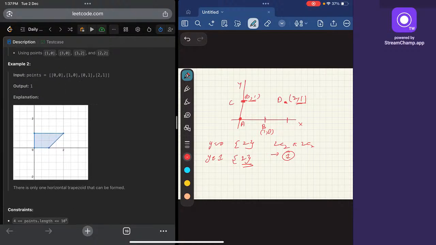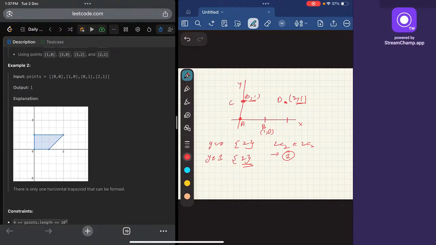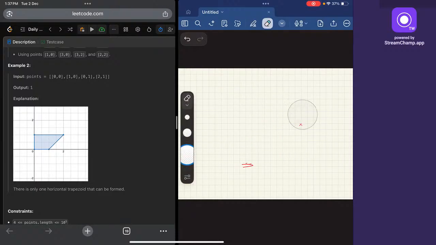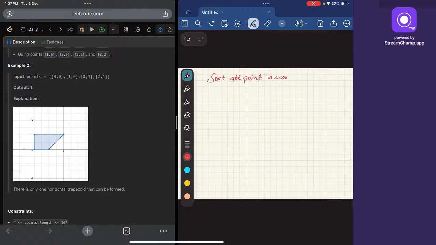That is the answer. And let's assume that I am thinking of sorting all the points according to the y values.